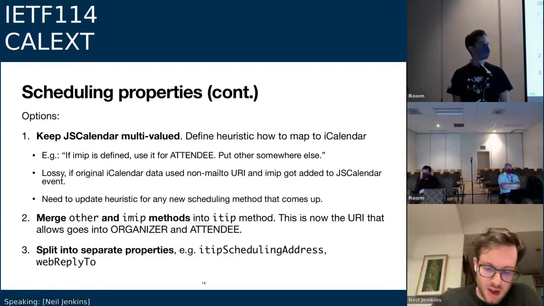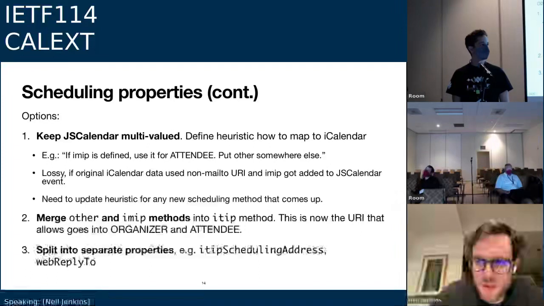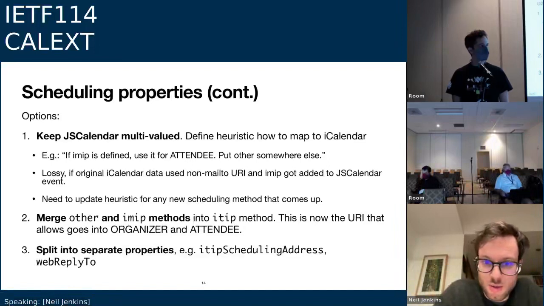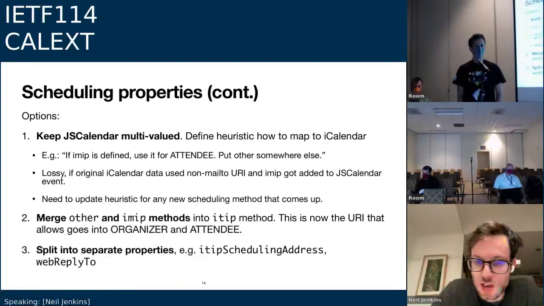Now, the thing about having a multi-value property in general is essentially it's kind of a namespacing. It's saying all of these properties are the scheduling properties rather than having them with separate top level names. And the reason that's important is for when you have something like JMAP calendars, you can have the servers add support for a new scheduling thing without the clients having to explicitly know about it.